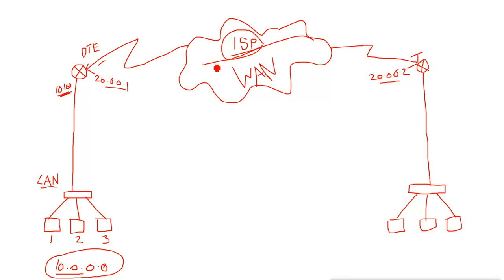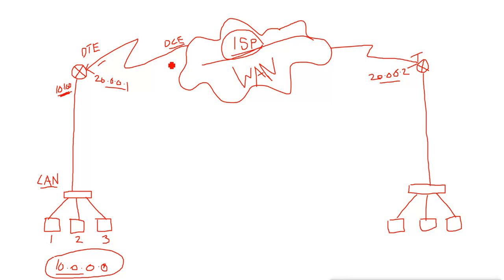The other side is always called DCE. DCE is data communication equipment and DTE is data terminal equipment. The DCE side is always on the ISP side. On the DCE side there is an option to manage the clock rate, which is the frequency of the clock pulse that determines how the data will go.